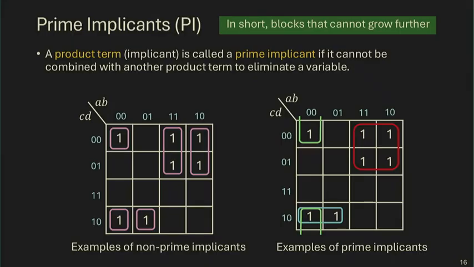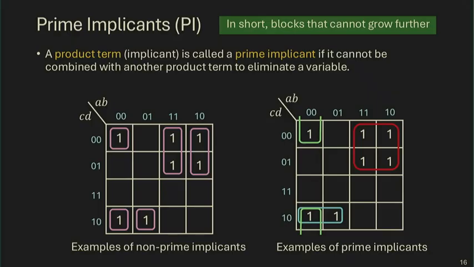A prime implicant is just a product term that cannot be grown any further, the largest possible implicant. If you look at this table, I'm circling some of these individual terms or even some of the groups of ones. And all of them are products. A min-term product, a product with one fewer variable. But all of them are not prime.